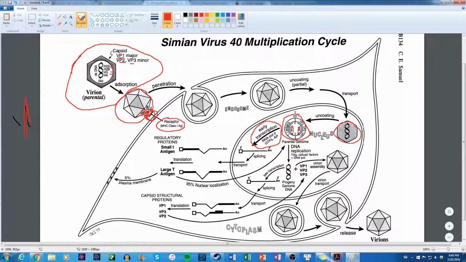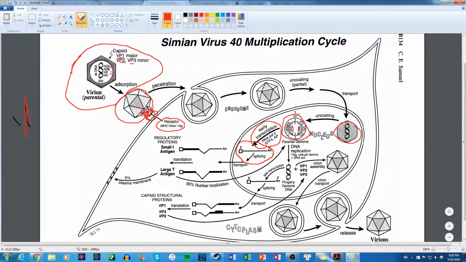Without the T antigens, SV40 cannot replicate its DNA. So in order to make the T antigens, it needs to go through early transcription. In order to go through early transcription, it exploits cellular RNA polymerase II.